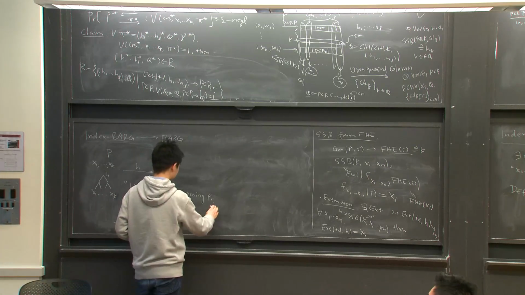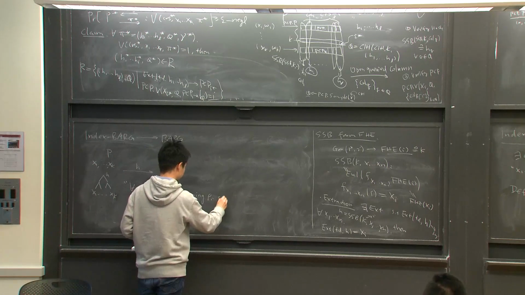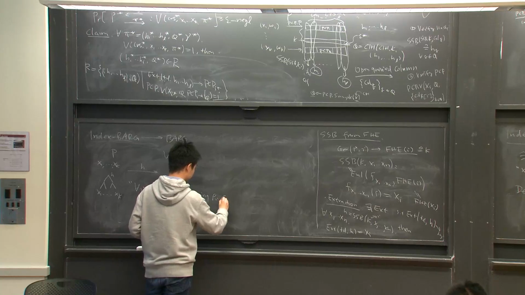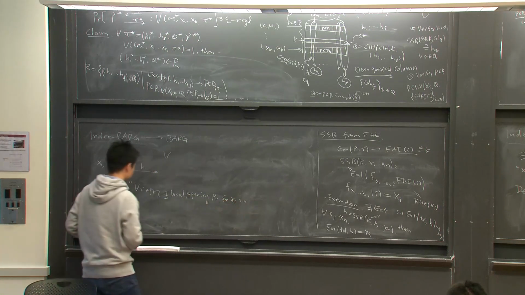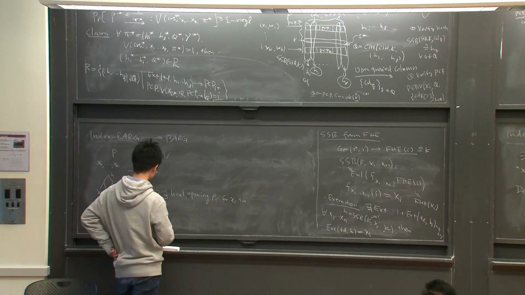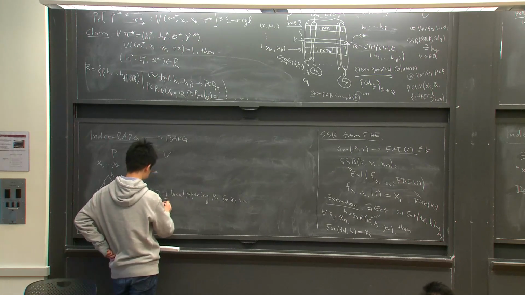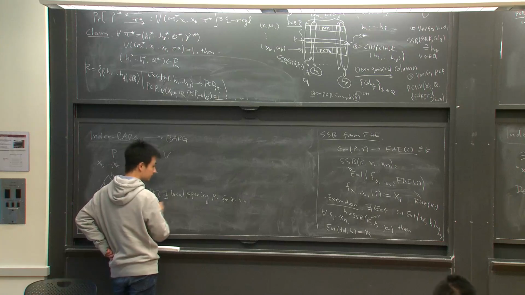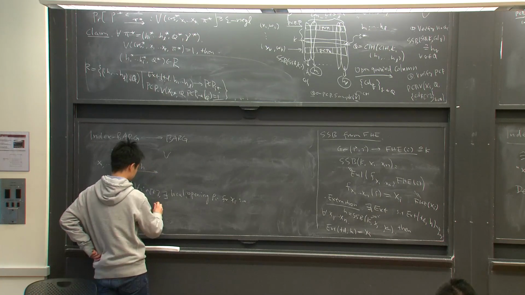So there exists a local opening row i for xi such that the local verification will pass for this xi.